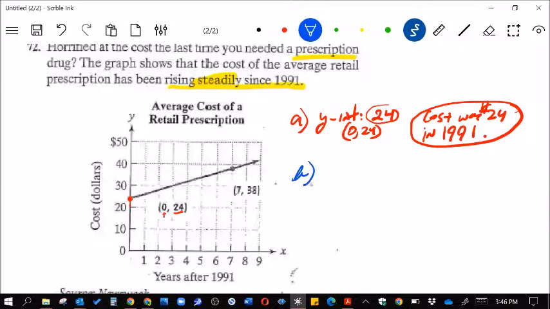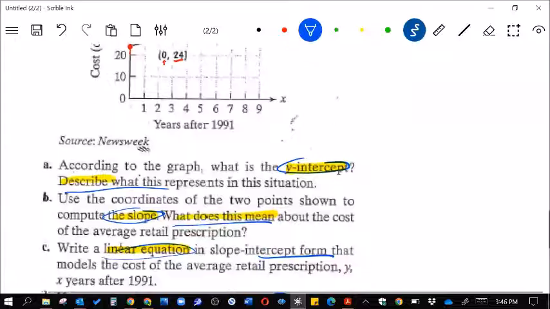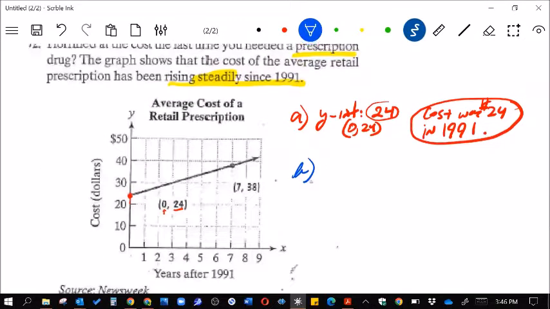Now for B, we want to find the slope and say what it means about the cost. For the slope, we need 2 points, and we have the 2 points here. So m is equal to 38 minus 24 over 7 minus 0, because that's y2 and x2, and y1 and x1.